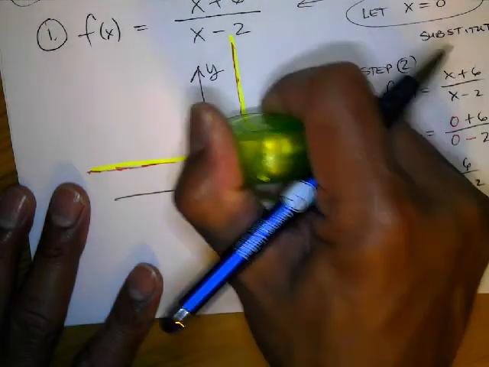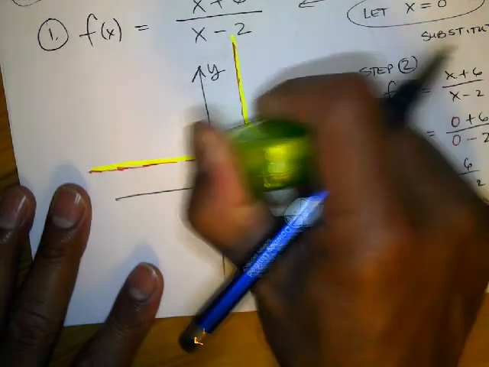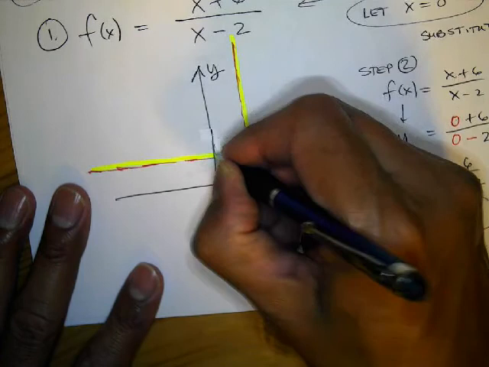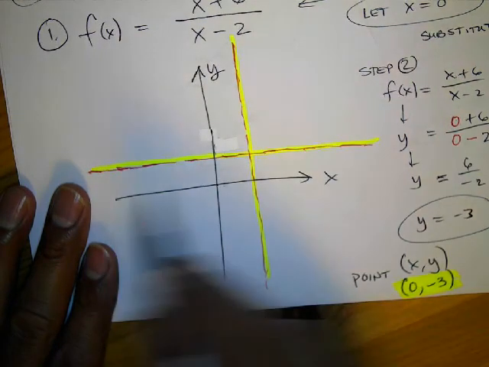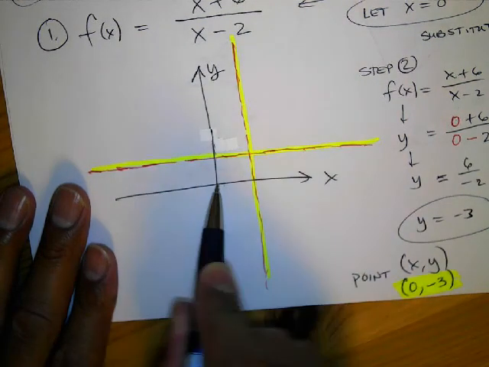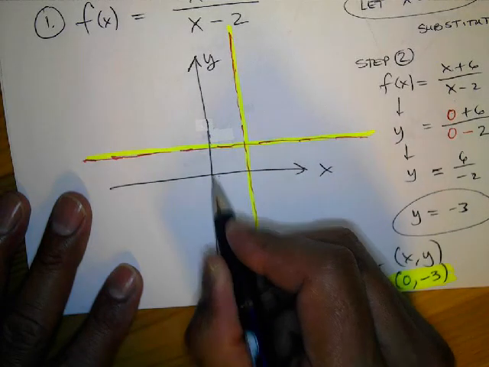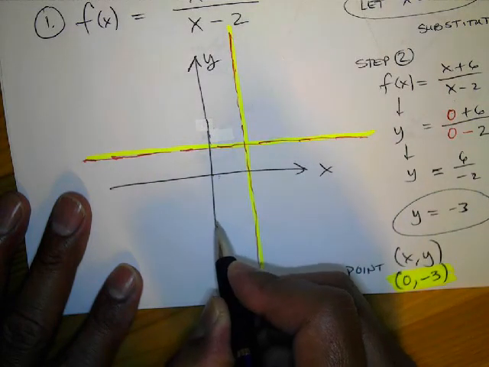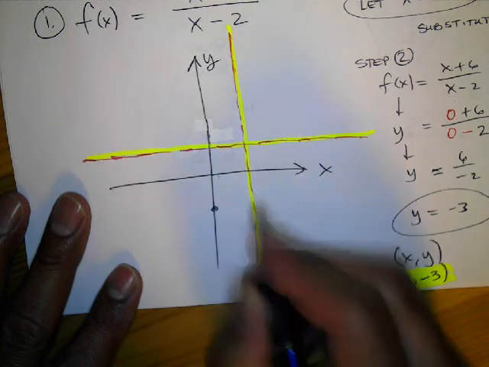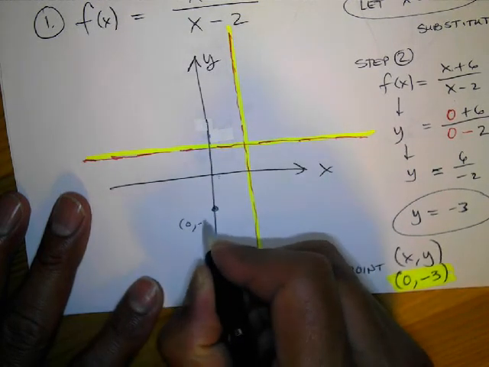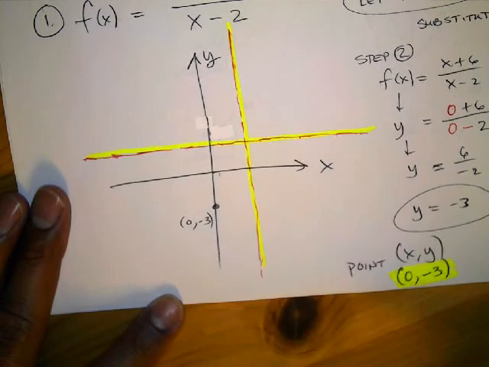That's not 0, negative 3. Oops, that's wrong, huh? I have to go back to my xy axis, starting here at the origin. 0 on the x, negative 3 is down this way. Right over here.